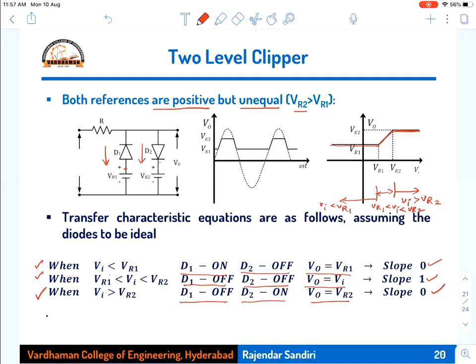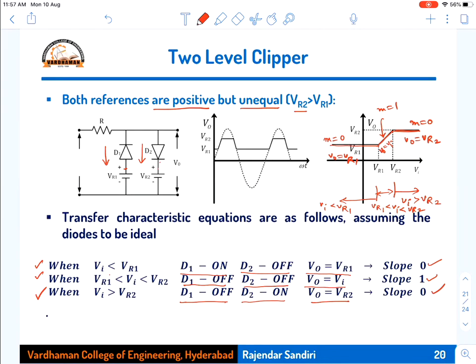Below VR1, the output voltage is VR1, and above VR2, the output voltage is VR2, and in between, output voltage and input voltage are the same. In the middle case, the slope is 1, and in the other two, the slope is 0.